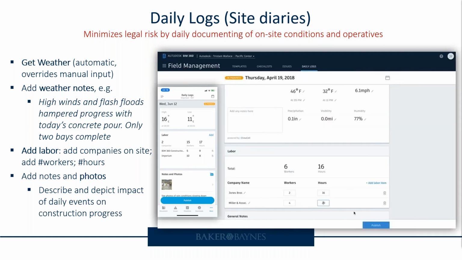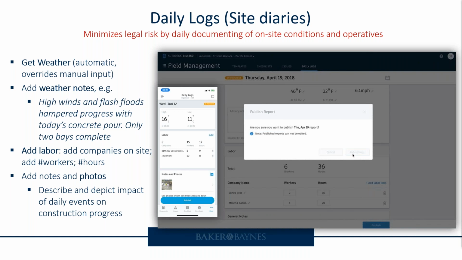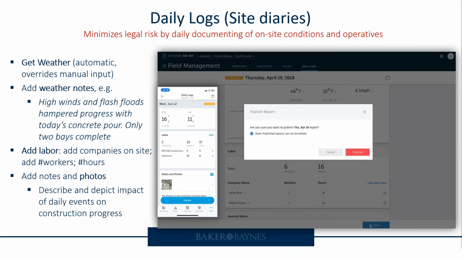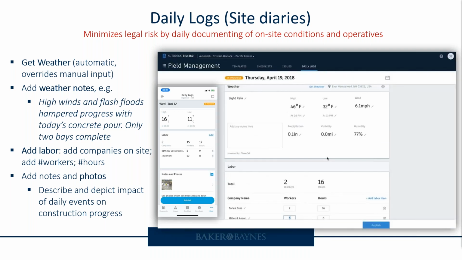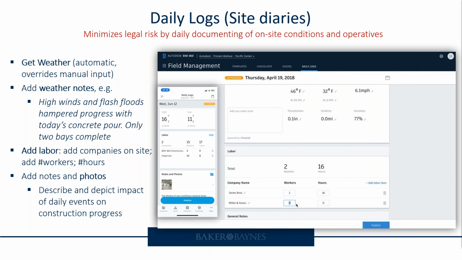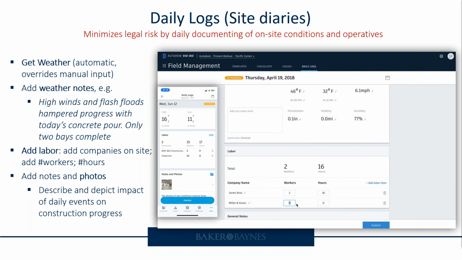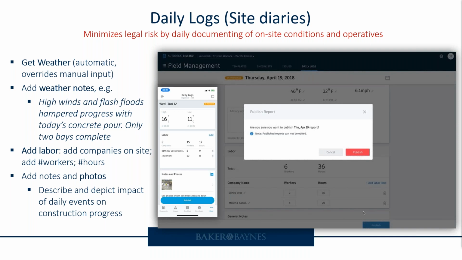Now, with companies already loaded into BIM 360, adding details of who was on site, what they did, and any important notes can be quickly done with this. Also, like with all activity in BIM 360, daily logs are archived and available to view for any day of the project at the click of a date on the calendar.